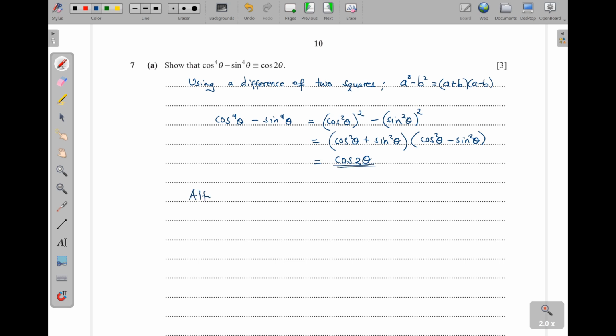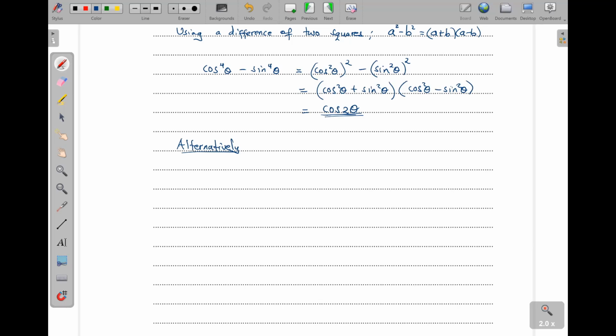Alternatively, I can express cos in terms of sine. If I have cos⁴θ minus sin⁴θ, I can either express sine in terms of cosine or cosine in terms of sine.